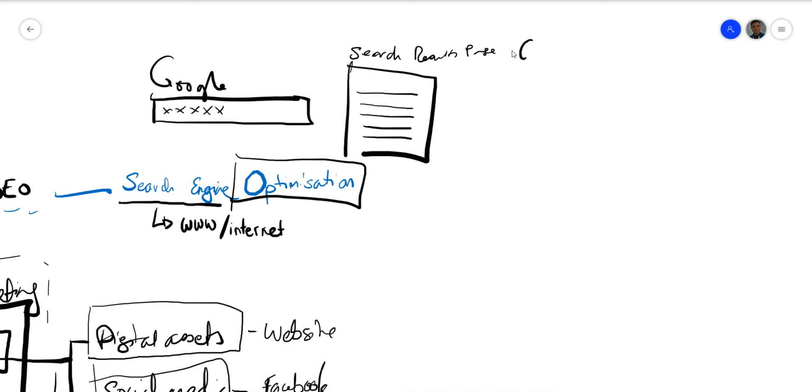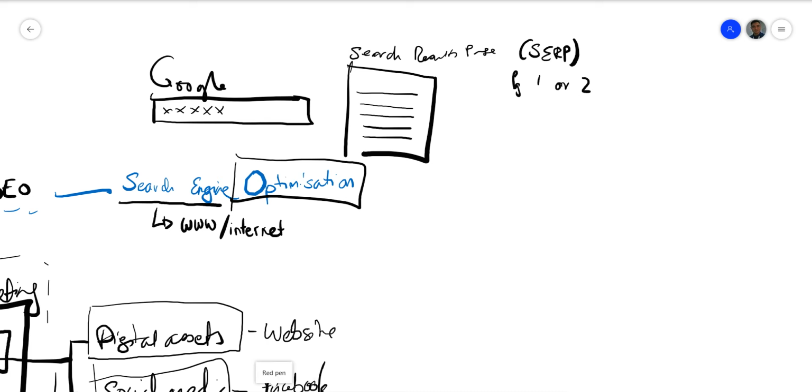A search engine result page is usually abbreviated as SERP. So when you have your websites, your social media compliant with SEO, it will most likely appear in pages 1 or 2.